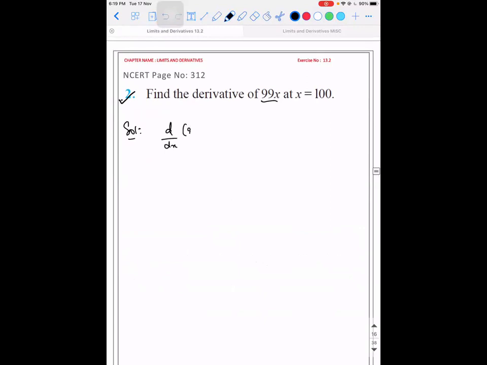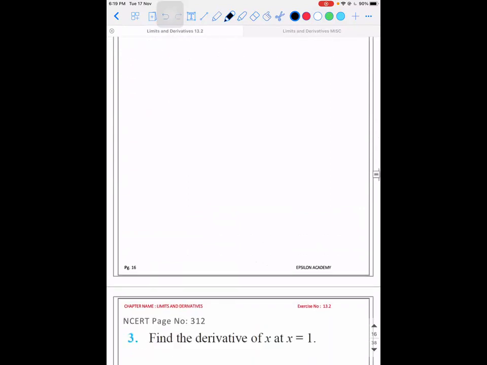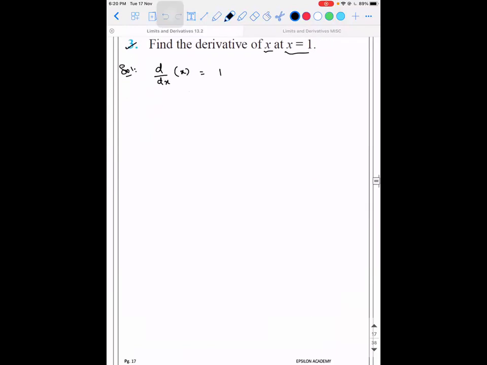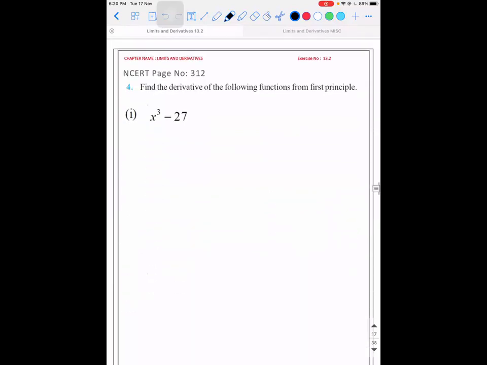It is 99, sir. So it is irrespective of whatever is the value of x. Right? So find the derivative of x at x is equal to 1. Derivative of x is 1. Whether it is at x is equal to 1 or x is equal to 2 or whatever number, it is still going to be a constant. Right?